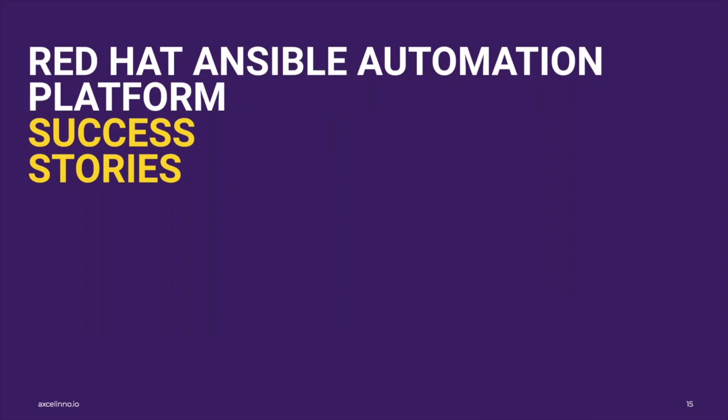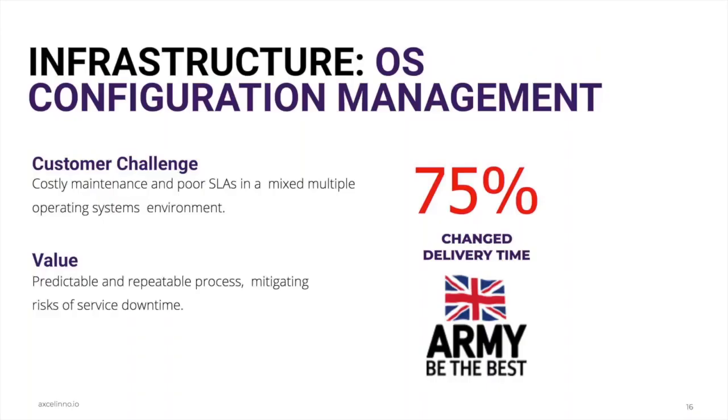So as we start to wrap up here, what are some of the success stories that we have seen, both as Excelino working as an Apex partner? So a number of things, right? We look at this real quick. You look at the Army and everything. They had lots of operating systems, poor SLAs. They wanted a very predictable and repeatable process.